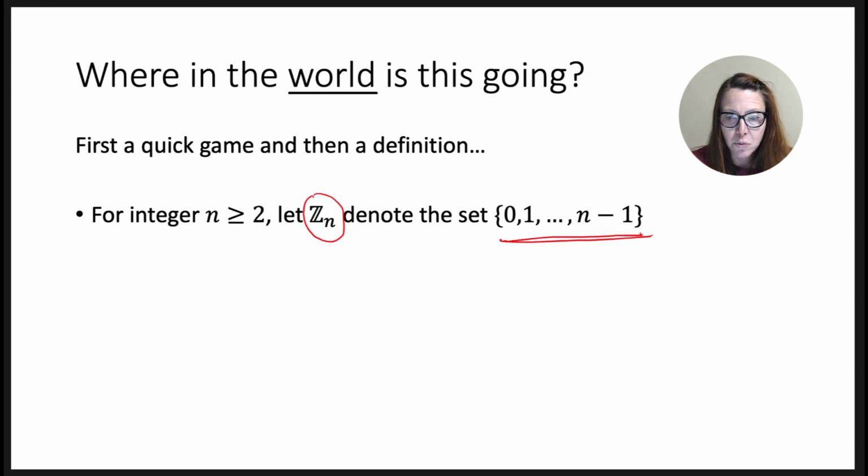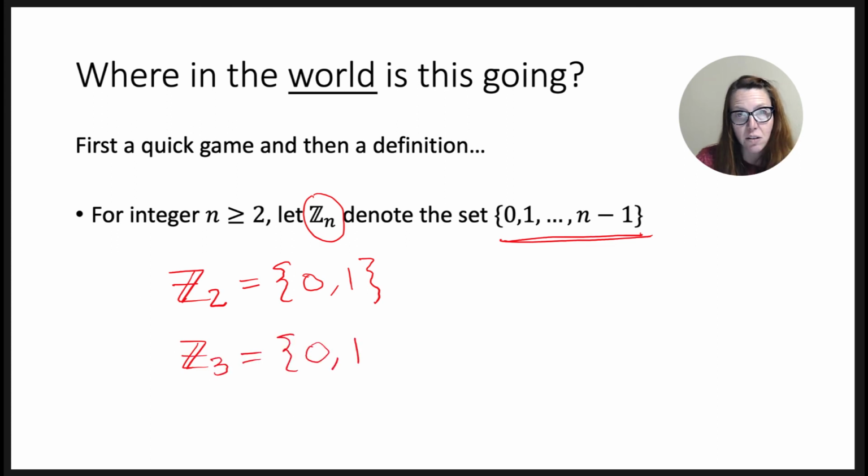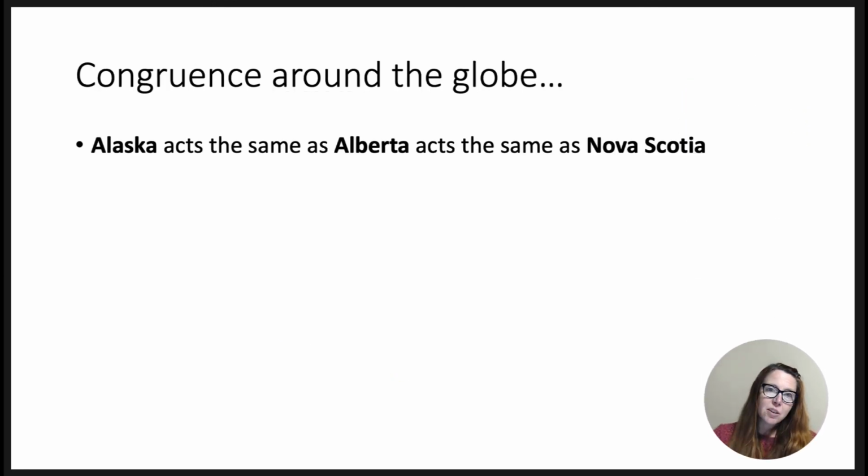So when we work mod 2, the numbers that we can reach are the binary numbers 0 and 1. If we work mod 3, then the set of integers that we can reach are 0, 1, and 2, and so on.